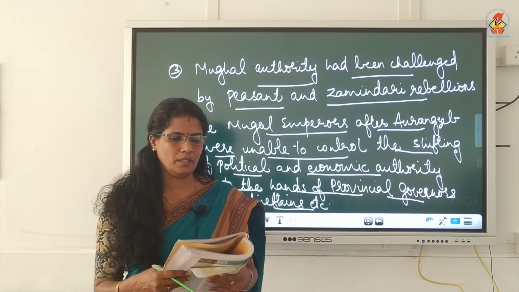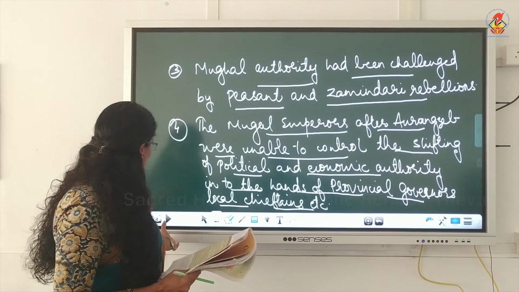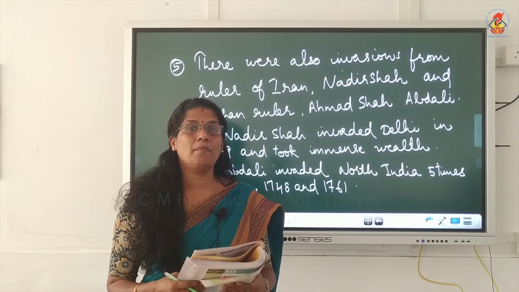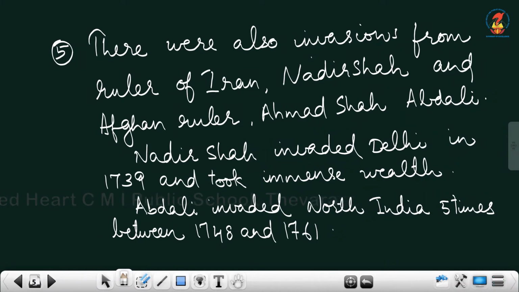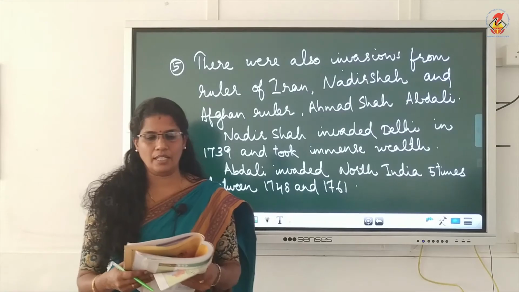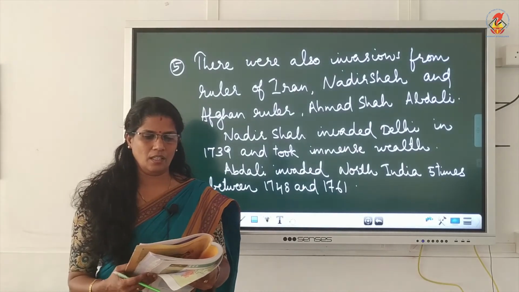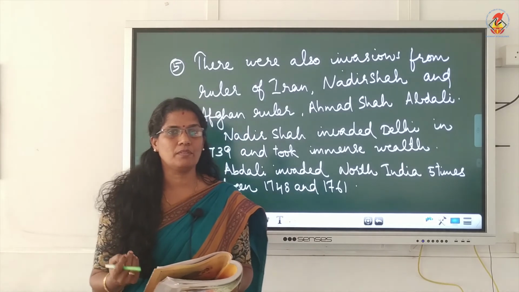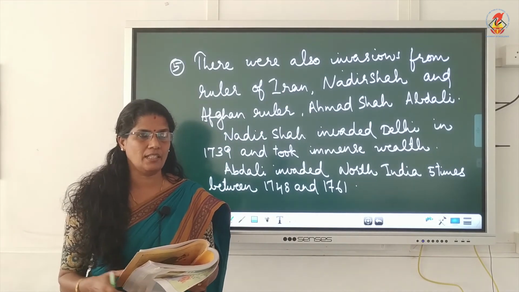Then the fifth one, page number 141, amid this economic and political crisis, there were also invasions from two rulers. One is the Iranian ruler Nadir Shah. He invaded Delhi, plundered it, and took away an immense amount of wealth in 1739.